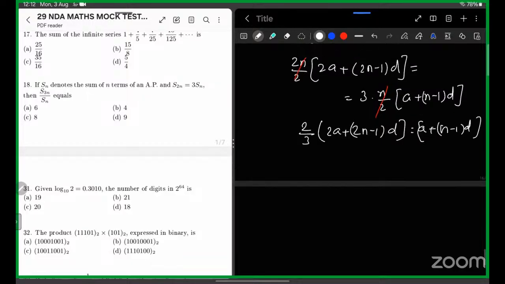Multiply it. There will be some relation between n and d, right? a, n and d are all unknown values. Okay, just multiply it.